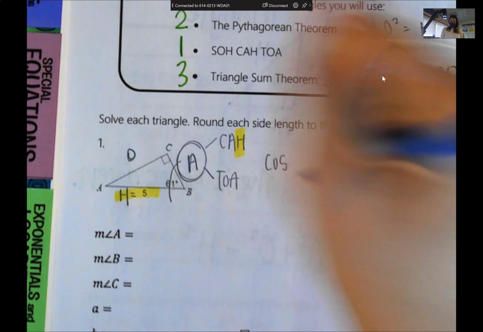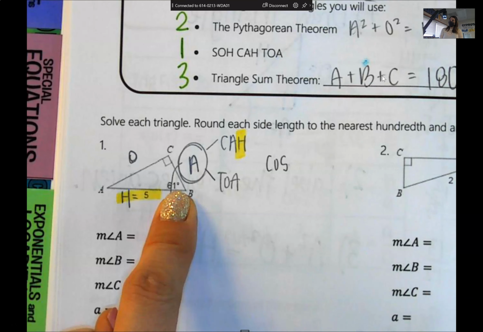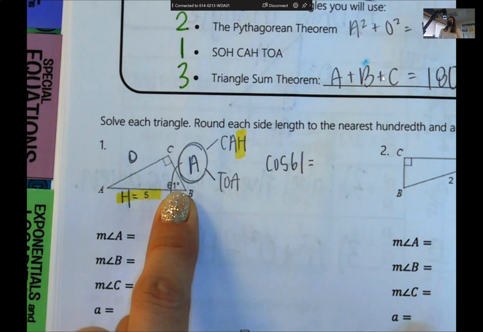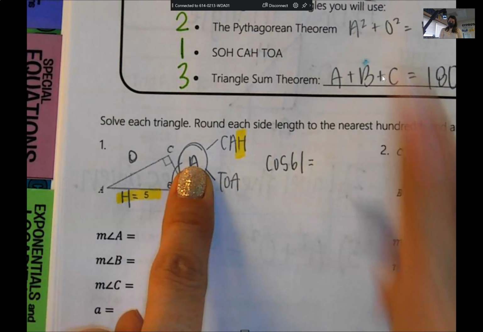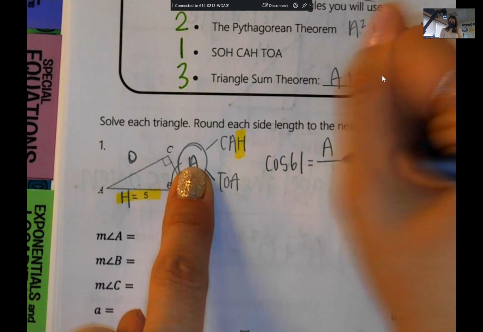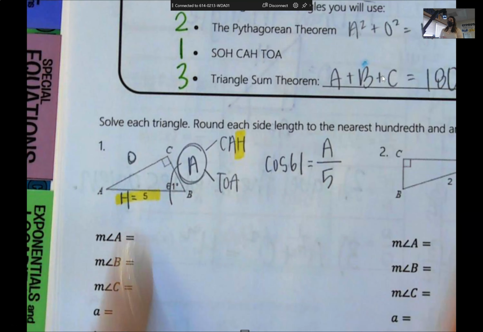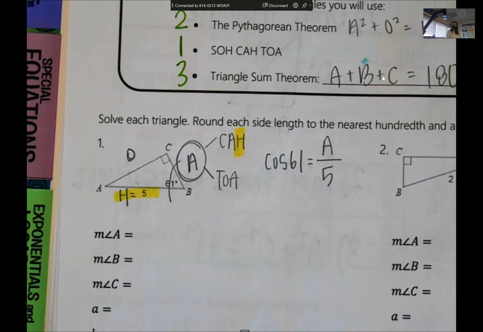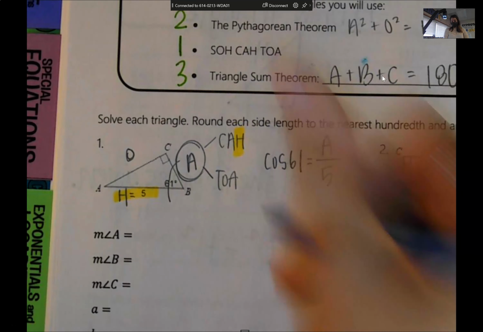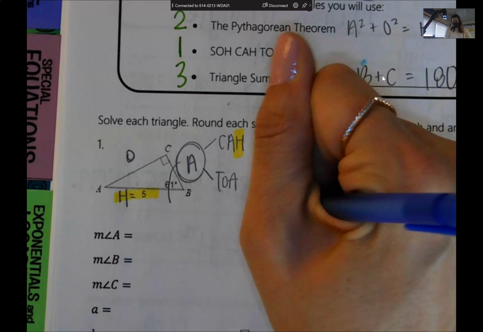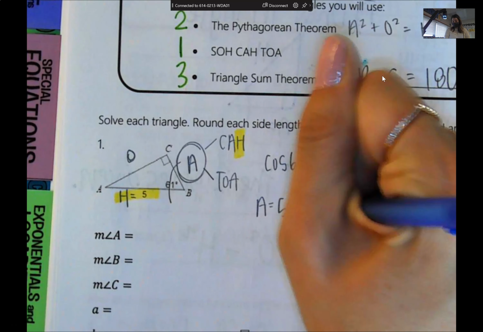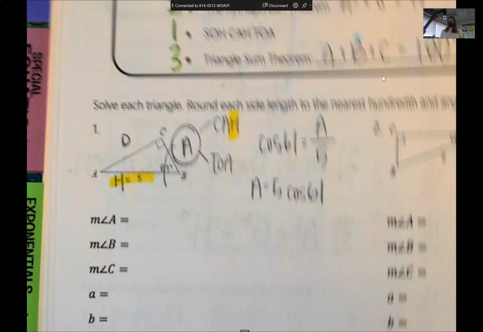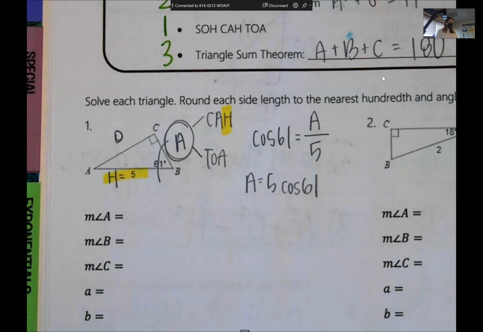Cosine of the given angle, 61, equals adjacent over hypotenuse. So in this case, adjacent is 5 cosine 61.